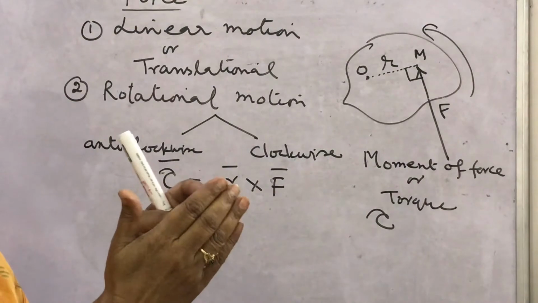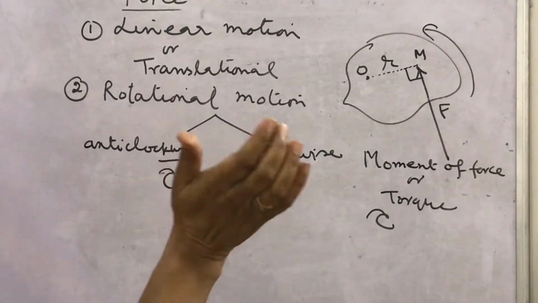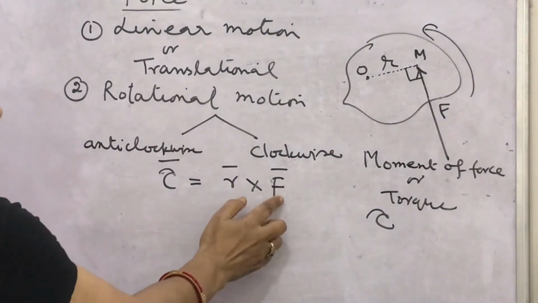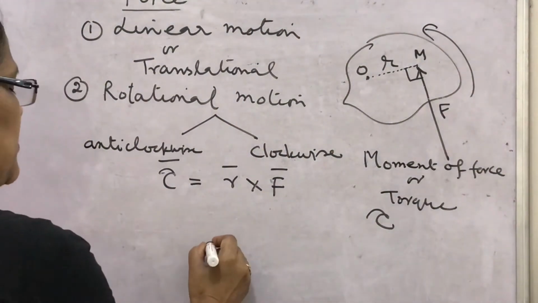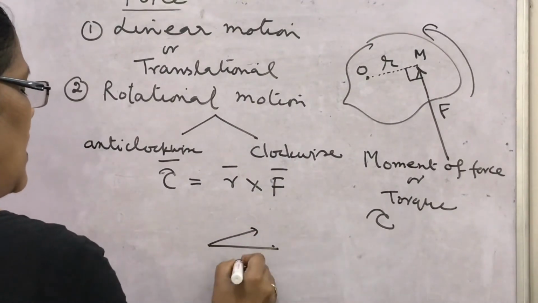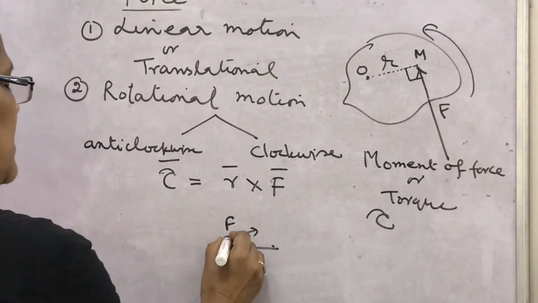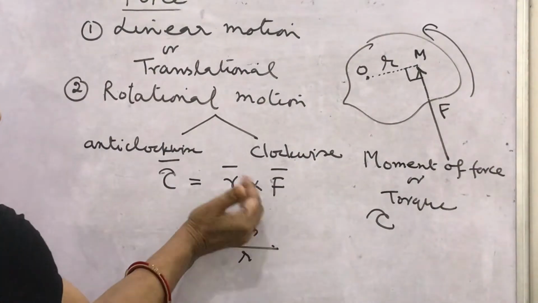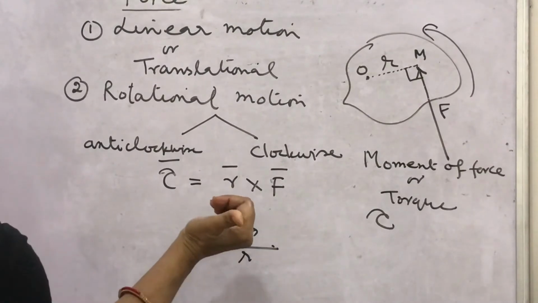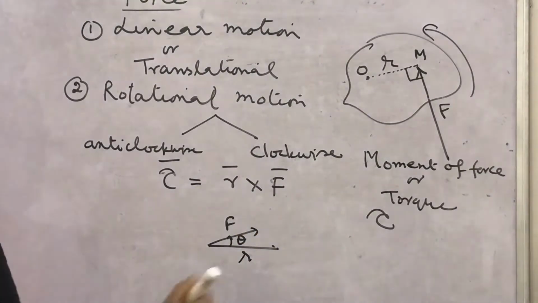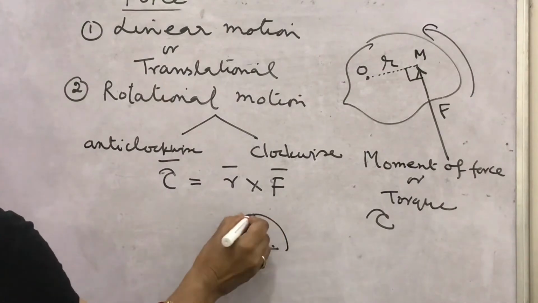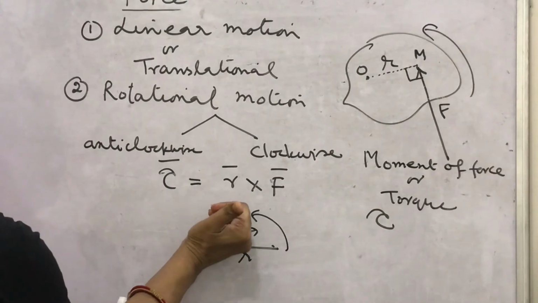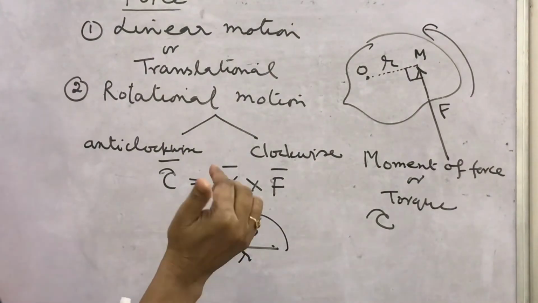If the curling of the right hand fingers is from r towards F. Look, r cross F it is written, I am showing, suppose this is r and this is the force applied F, and this is the angle theta. Look here, then r towards F, what is the thumb's direction? Upward. So, in this case, if you have written r cross F, then the moment of force or torque is directed perpendicular to the plane, upward.